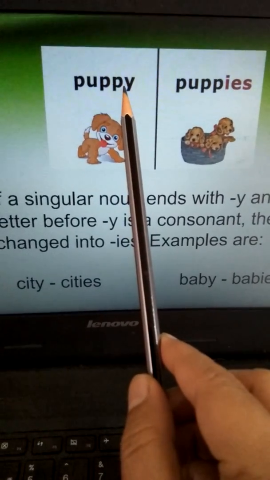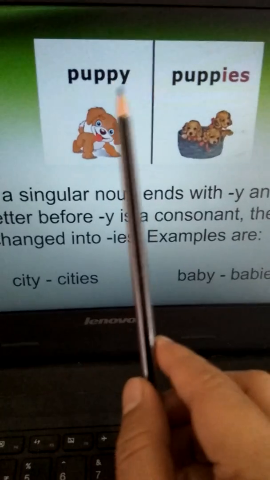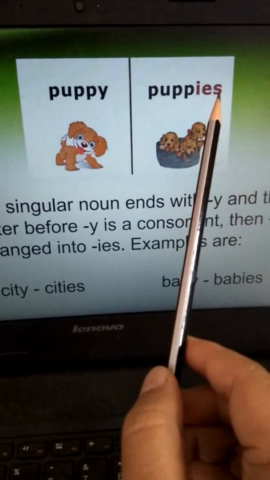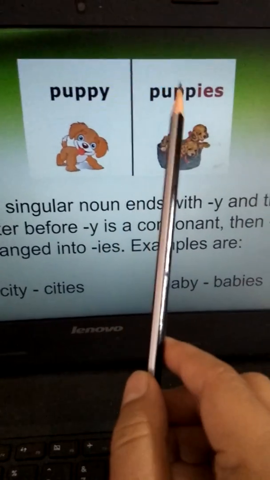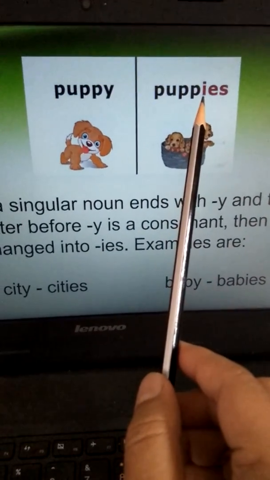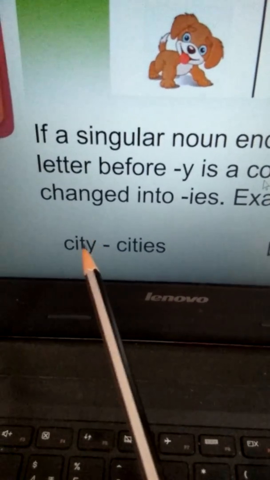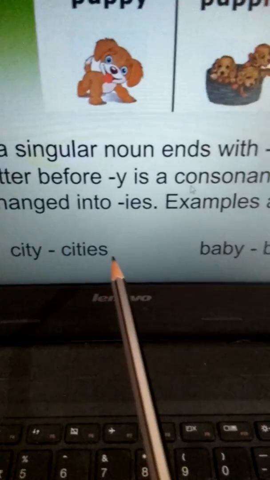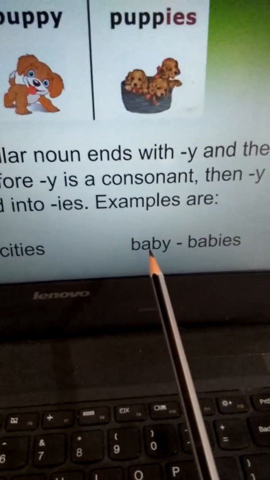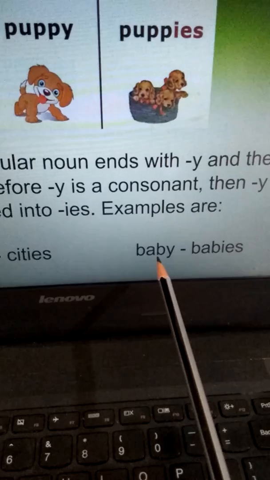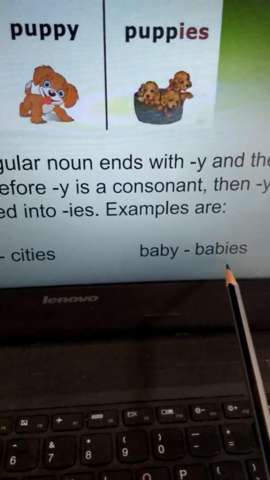P is a consonant letter before Y. City, it ends with Y and T is a consonant, cities. Baby, it ends with the letter Y and there is a consonant before Y, babies.